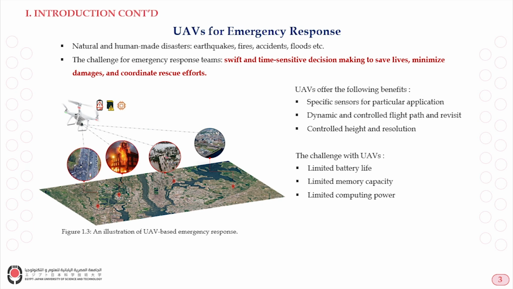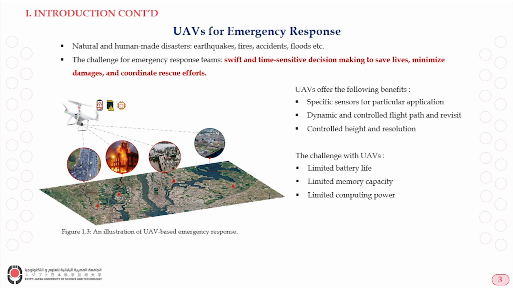They allow dynamic control flight planning as well as revisit times. They have controlled heights, which also affects the resolution of the imaging. This is why they are very key in emergency response.